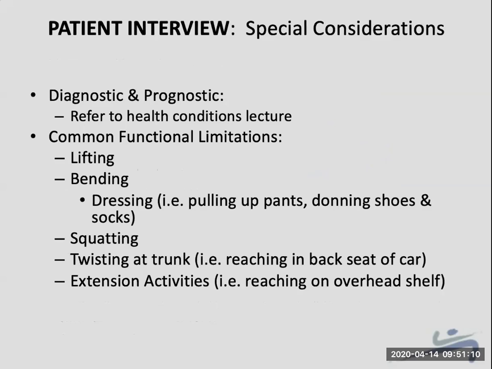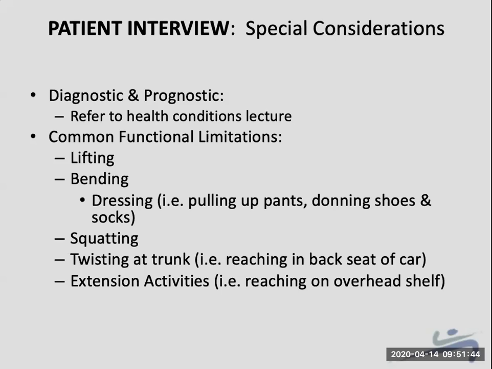So, the diagnostic and prognostic information that we'll gain, we talked about much more thoroughly in our health conditions lecture. Common functional limitations that you'll see for folks with mechanical low back pain: lifting, bending, especially bending over and lifting up from the floor, but also with bending, common functional tasks like donning the shoes, tying the shoes and socks, pulling up pants, squatting as well, getting all the way down.